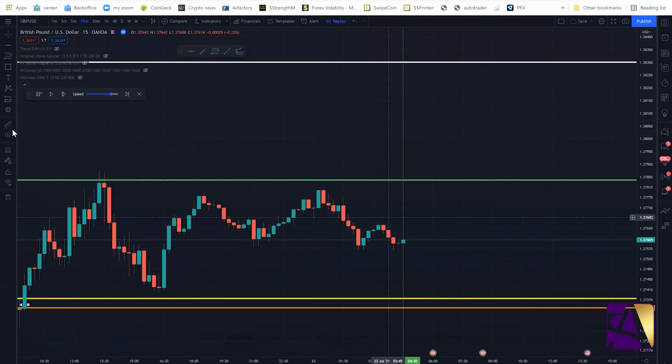So two different options. You can look off your previous candle and find your range, your high and your low. So this would be my high and my low off of that last candle, high is up there, low is here. So I got my zone now.